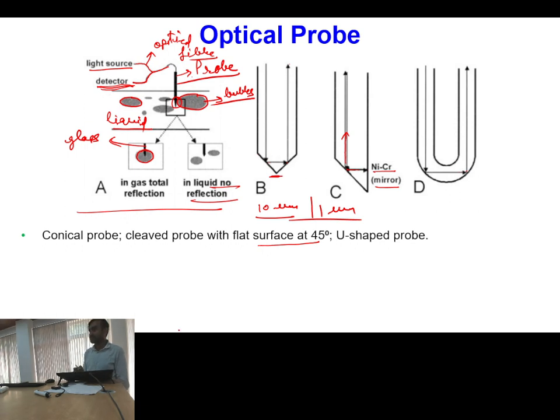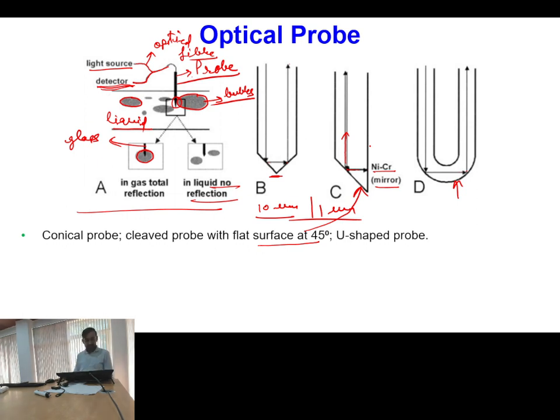So from the manufacturing ease perspective, in the present scenario, this type of probe is popularly used. Okay, and in the past, due to the manufacturing difficulty of cutting sharp angles with symmetric orientation for very small size, this U type of probe was used. But once this flat faced probe came, the use of the U probe has become obsolete.